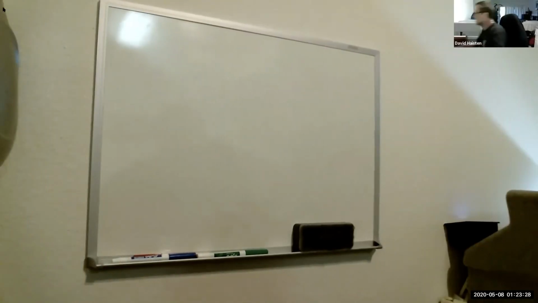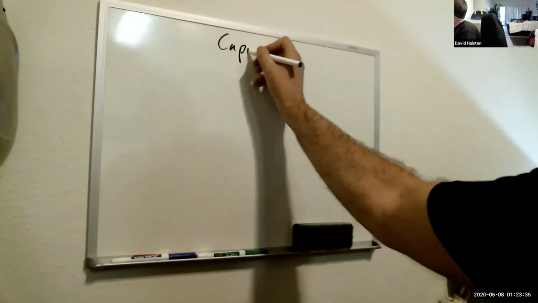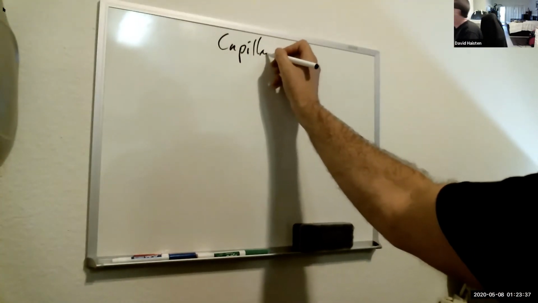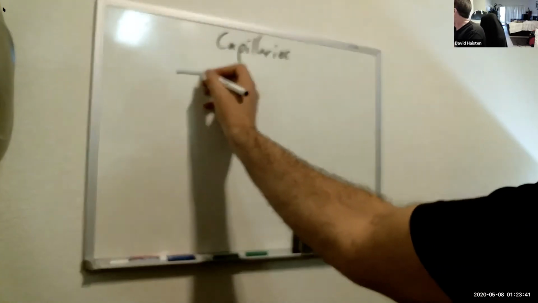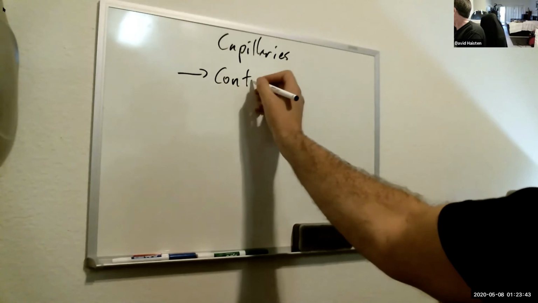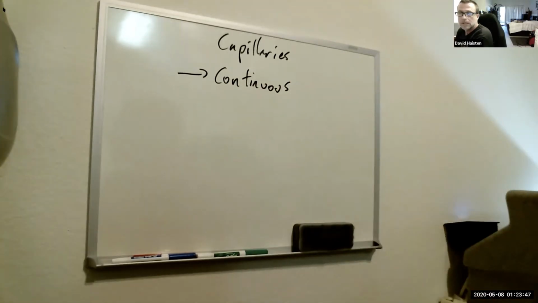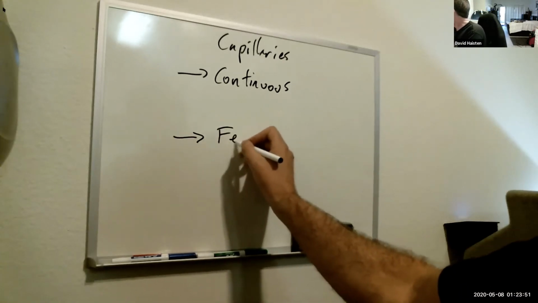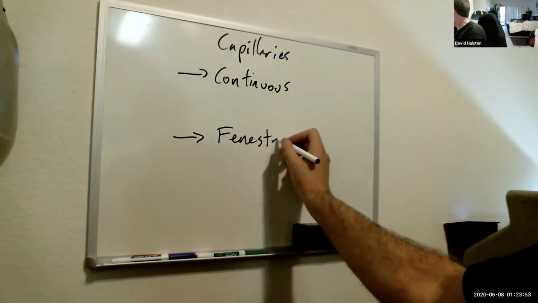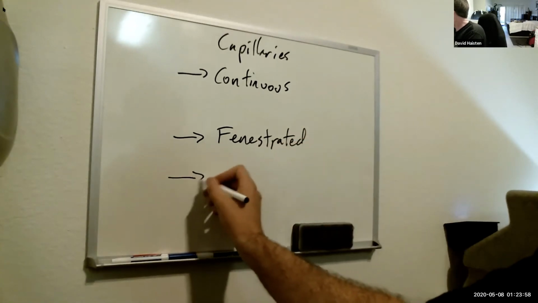So for capillaries, we have three kinds. We have continuous, then we have what are called fenestrated, and then we have sinusoids.